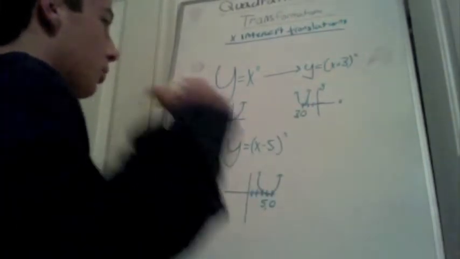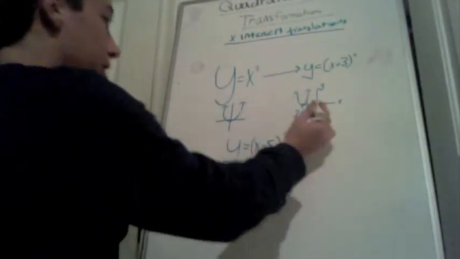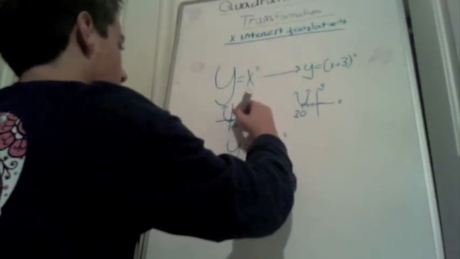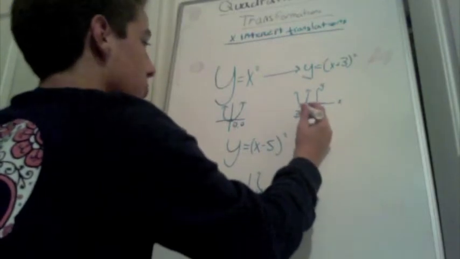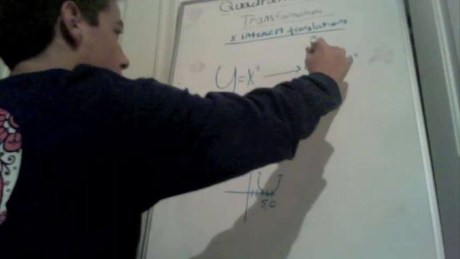So, for example, on this one, our x and y-intercept change from being at the origin, 0, 0, to our x-intercept being 3, 0, and our y-intercept being somewhere up there.